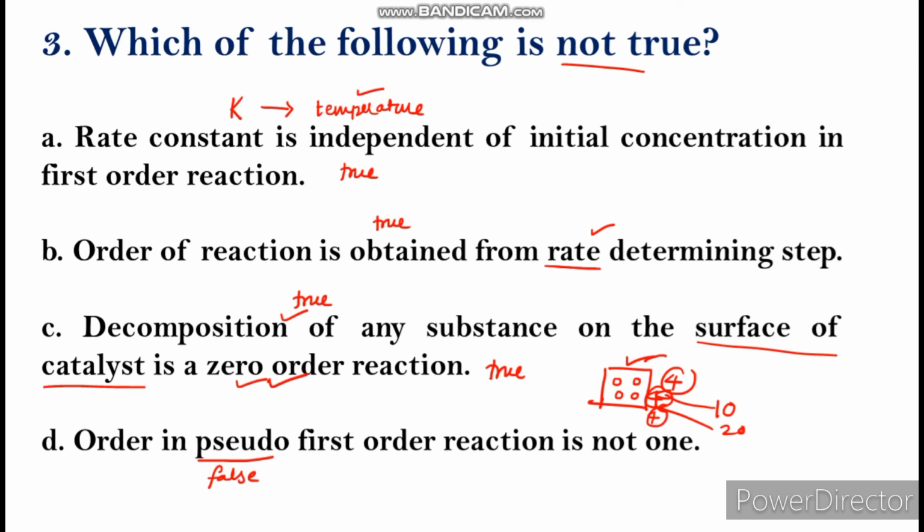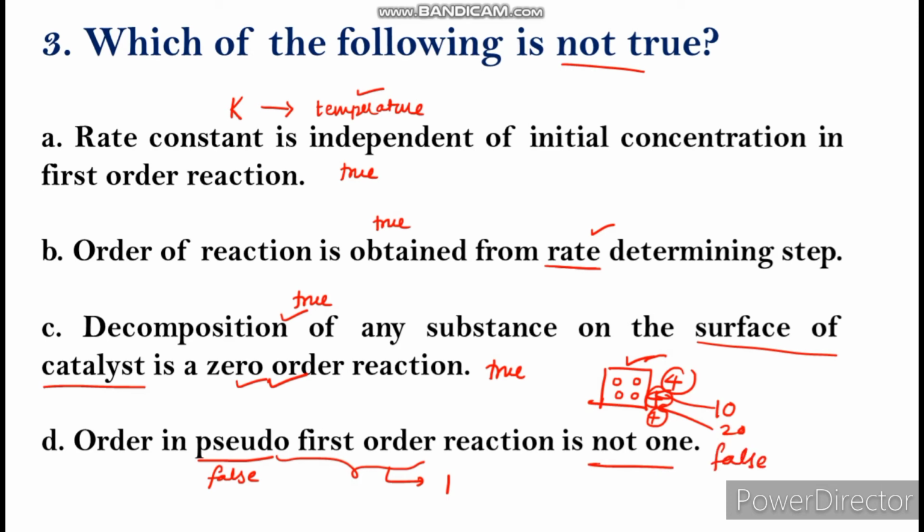The reactions which look as if they are higher order, maybe second or third or fourth, but in reality they are following the first order. Such reactions are called pseudo first order reactions. So in a pseudo first order reaction, the actual order is 1. Here they are saying not 1, so this is false.